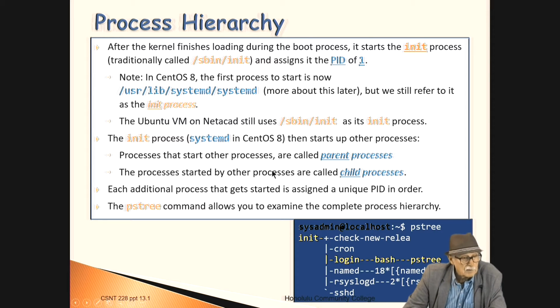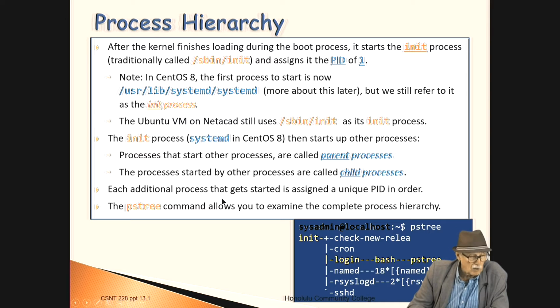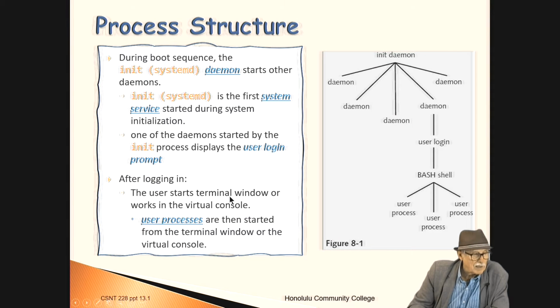Processes that start other processes are called the parent process, and the processes started are called child processes. Each additional process that gets started is assigned a unique PID, process ID, in order. pstree is another command similar to what we saw. I prefer to use that one, it's easier to track what process started which process. But you can look at pstree too, same information.